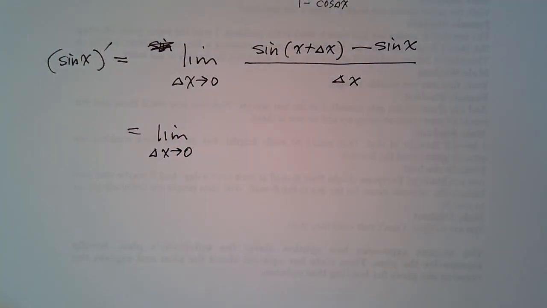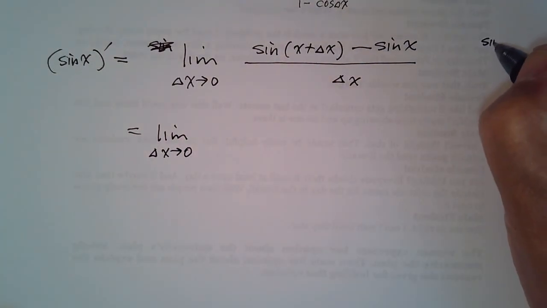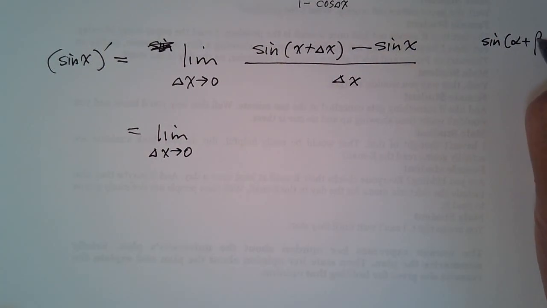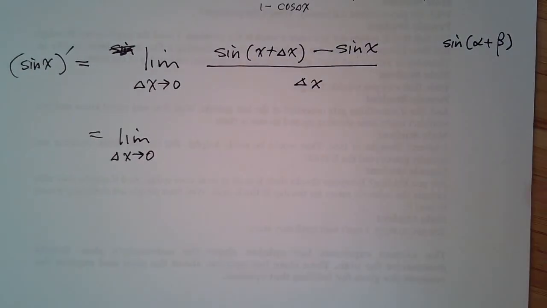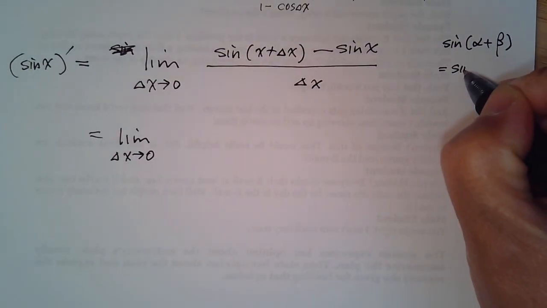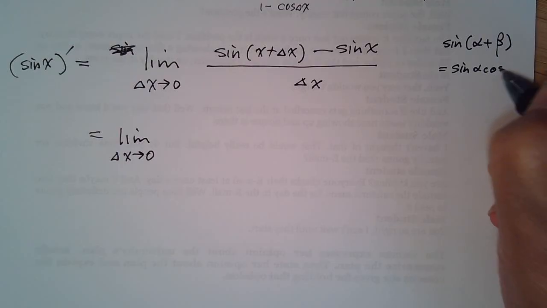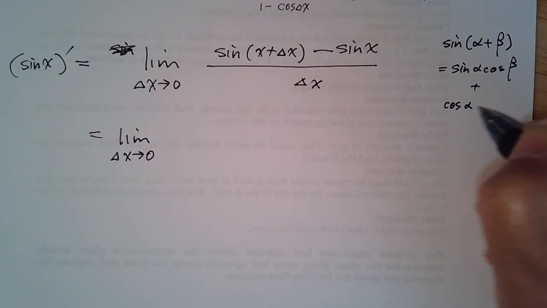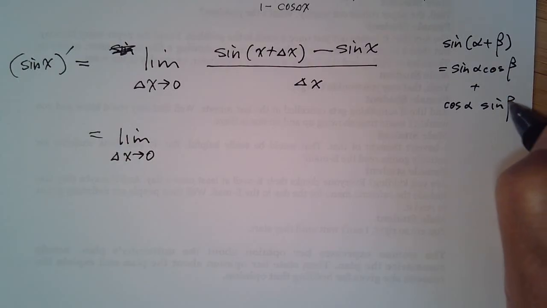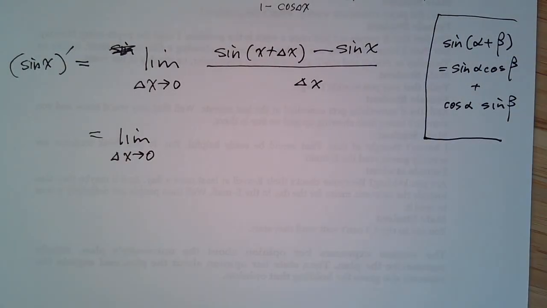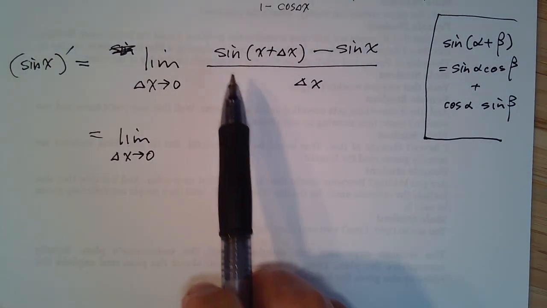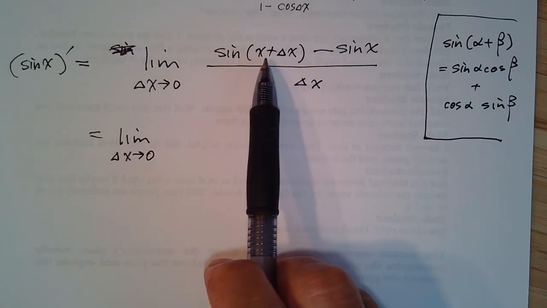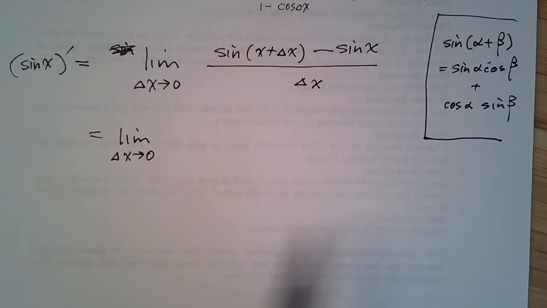Now, if you learned a long time ago, I don't know if you remember this, sine of alpha plus beta is sine alpha cosine beta plus cosine alpha sine beta. That was in pre-calc 2. So now we have sine of x plus delta x. This is alpha, this is beta, so we just plug in like that.